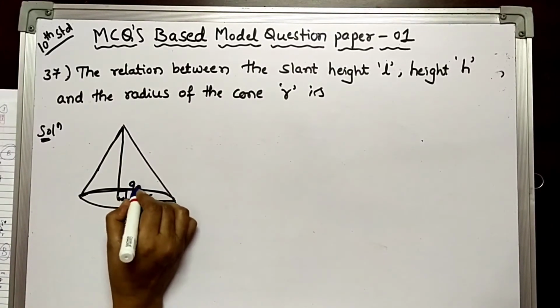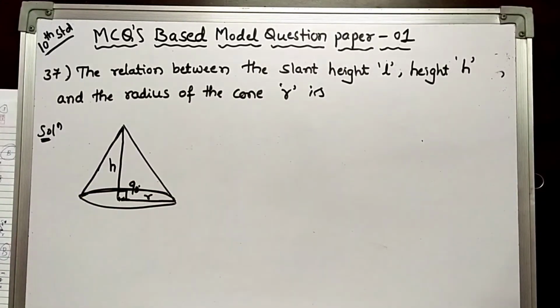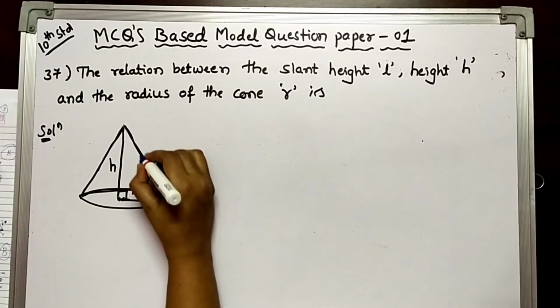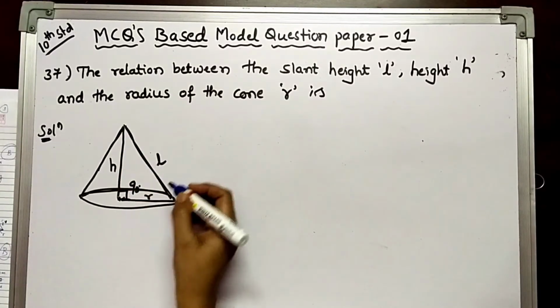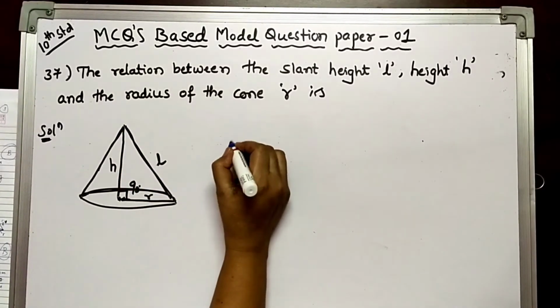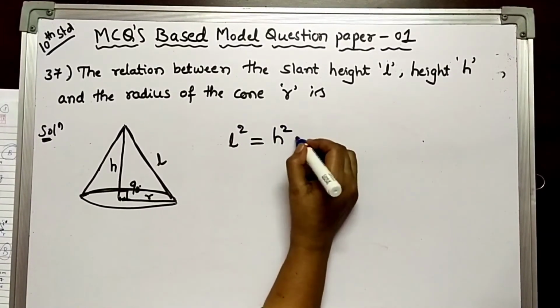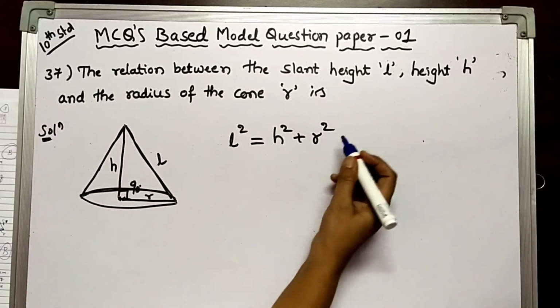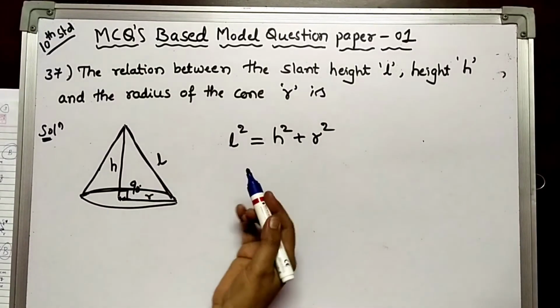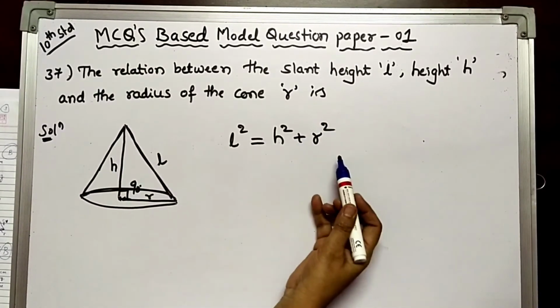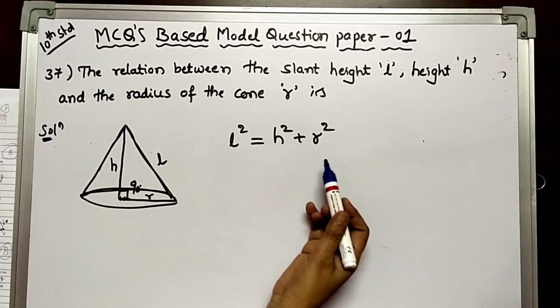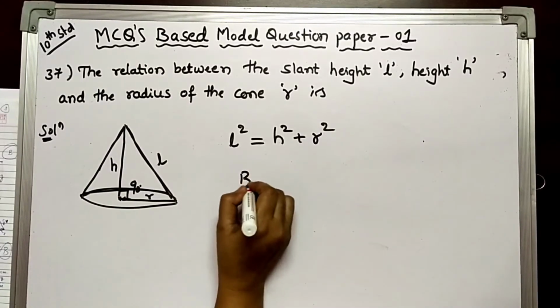Here it is 90 degrees, no? It is the normal height and this line is the slant height L. So using the Pythagoras theorem, L square is equal to h square plus r square. This is the relation between slant height, height and radius of the cone. So option B.